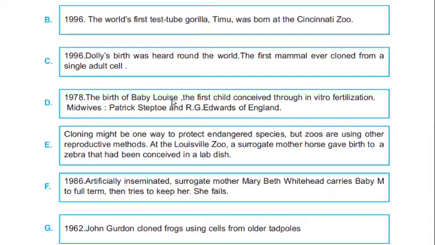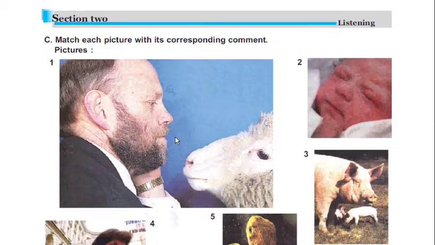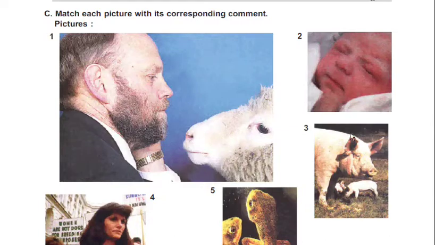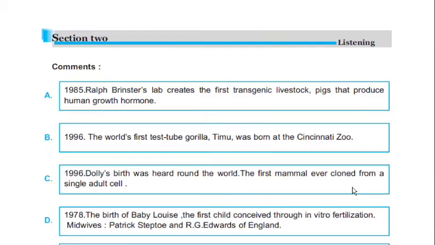Back to the pictures. Number 3. The animal we have in the picture here is a pig. We're talking about pigs, which is the story we have in A. In 1985, Ralph Brinster's lab creates the first transgenic livestock. By livestock, we mean animals that are used by humans for their meat or milk.